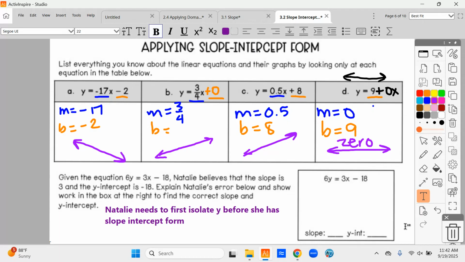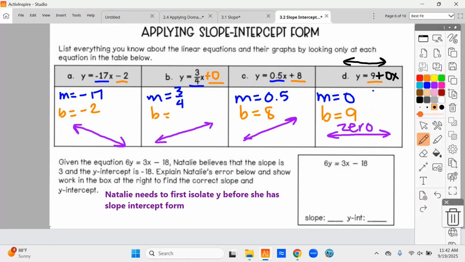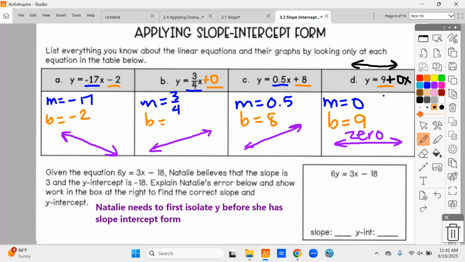Okay, so we are going to first isolate y, and all we need to do for that, this is just like a literal equation, we need to divide all terms by 6. So we have y equals 3/6 x, which simplifies to 1/2, and minus 3. So our slope is 1/2, and our y-intercept is -3.